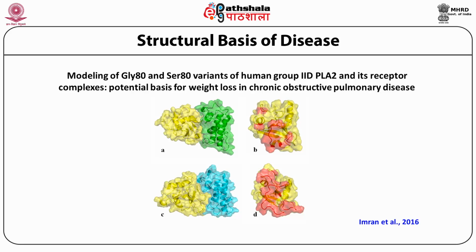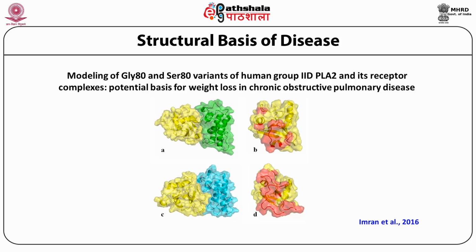Without going into details, what is important is the fact that the serine 80 variant has a stronger interaction with the receptor, as seen by the interacting surface shown in the red color, as compared to the interacting surface on the enzyme molecule of the glycine 80 variant, which is slightly lesser.